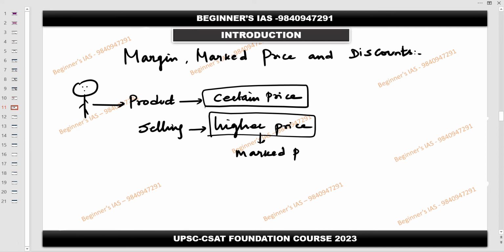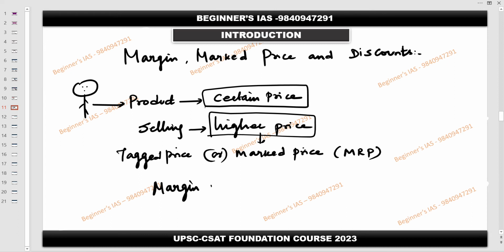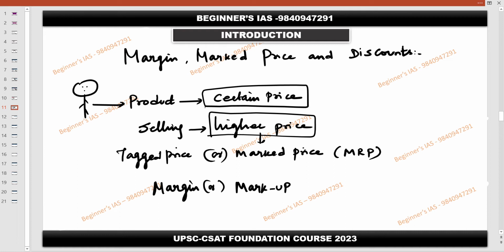This higher price is called the marked price, or you can call it MRP, or else a tagged price. Or you can call that a markup price. Now, what do you mean by margin? How to calculate the markup price?